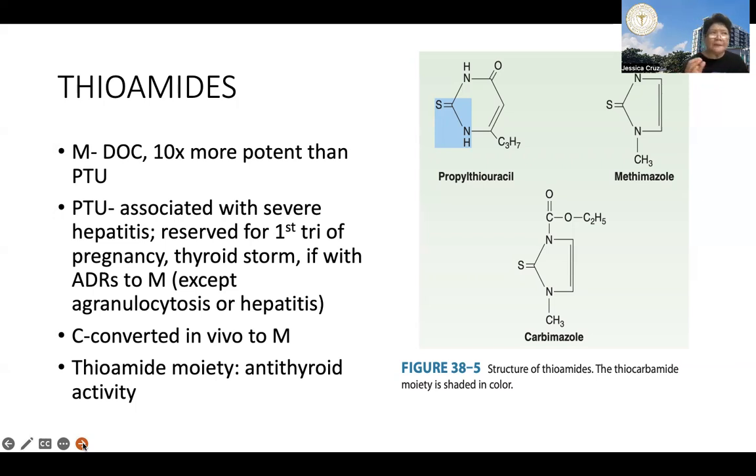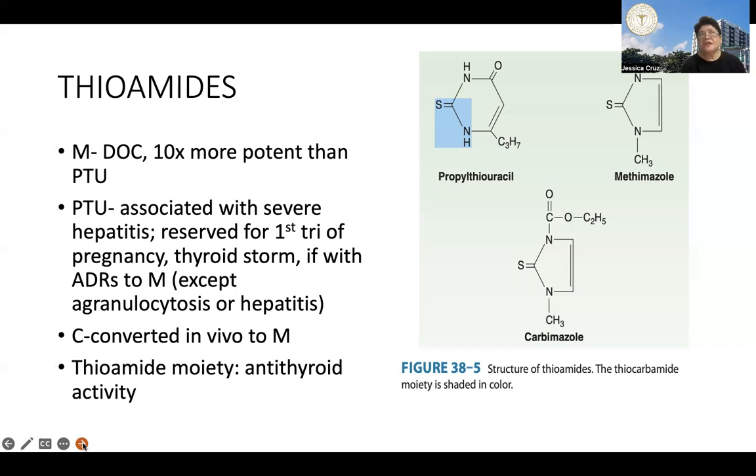That's why for pregnant women in the first trimester of pregnancy who need antithyroid medication, we give PTU. But after the period of organogenesis, which is the first trimester, we usually switch to methimazole. And also because there are rare instances that methimazole has been associated with teratogenicity when given in the first trimester.